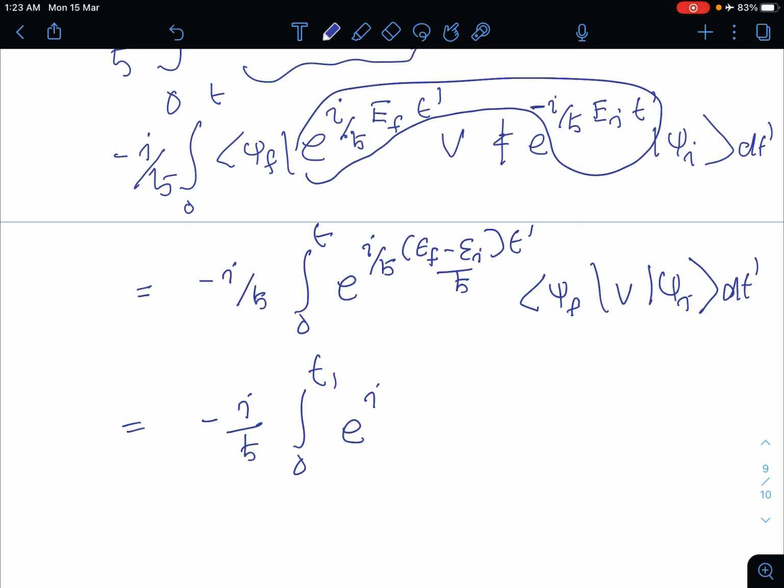What is Ef? I can write h cross omega f, isn't it, h cross omega is the energy, minus h cross omega i. So h cross gets cancelled, so that is e raised to i, omega f minus omega i, I am calling it omega fi.